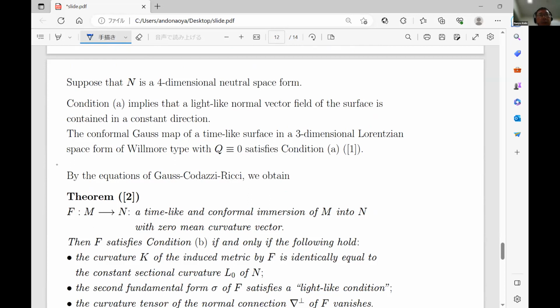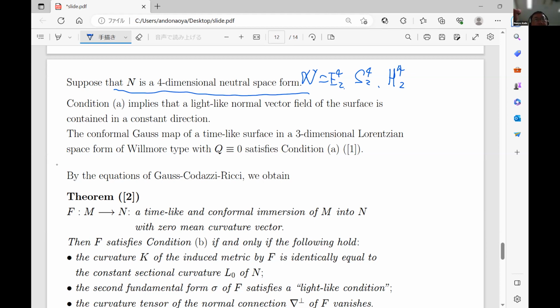Suppose that N is a four-dimensional neutral space form. Then N is E^4_2, S^4_2, or H^4_2. We can suppose that N is E^4_2, S^4_2, or H^4_2.